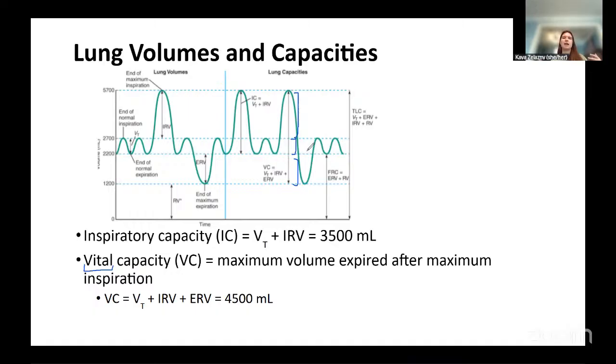So force it all out, and then breathe in. So you're breathing in through that expiratory reserve volume, through the tidal volume, and then through that inspiratory reserve volume as well. So this excludes one lung volume, the residual volume, that part that's just keeping airways open, keeping your lungs from collapsing.